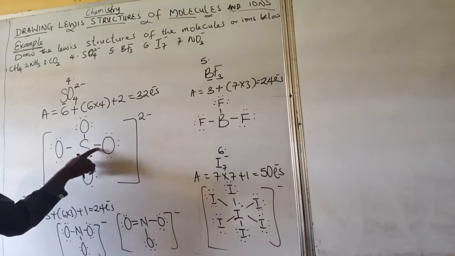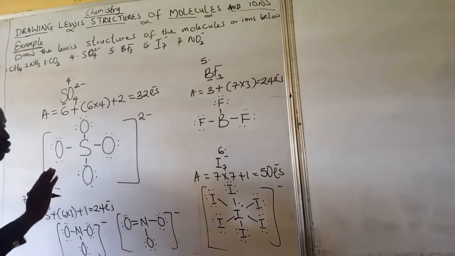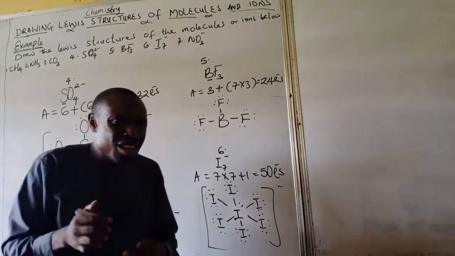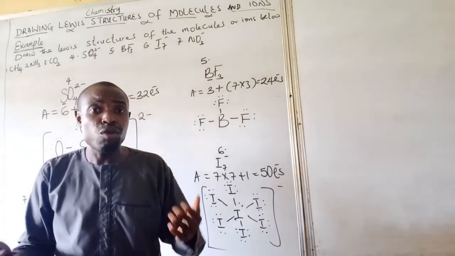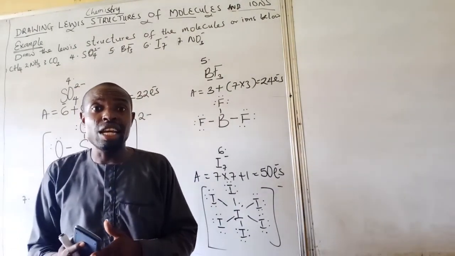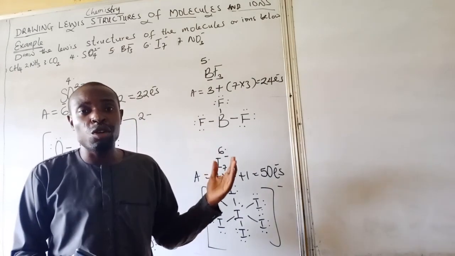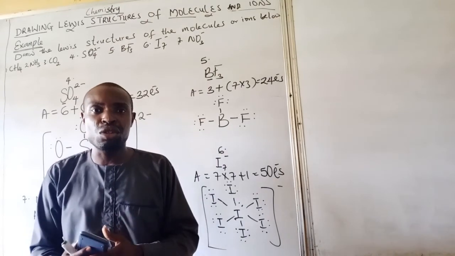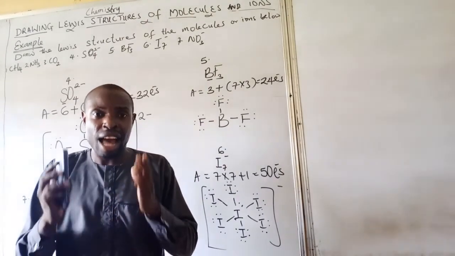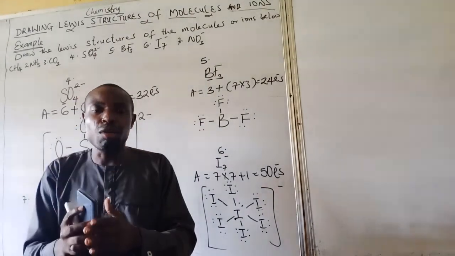Yes. 1, 2, 3, 4. Is there any lone pair? No. So with that, you should be able to get a wide understanding of what you should know. And on that, we are done with this video. Next time, we will work on other videos. For now, God bless you.